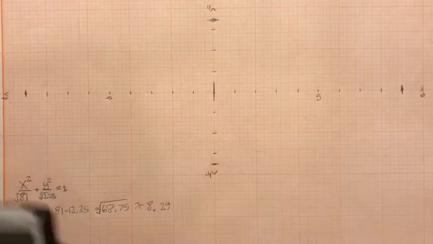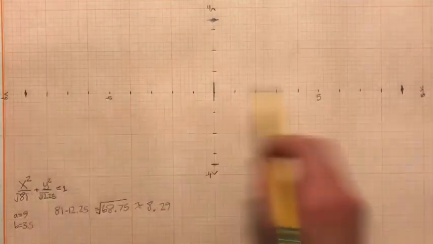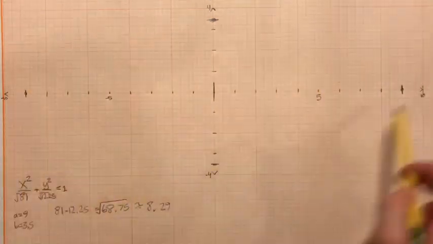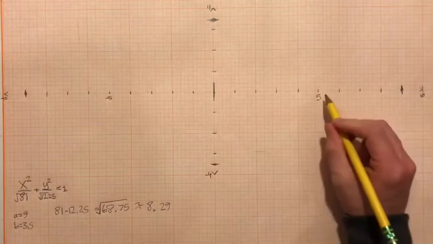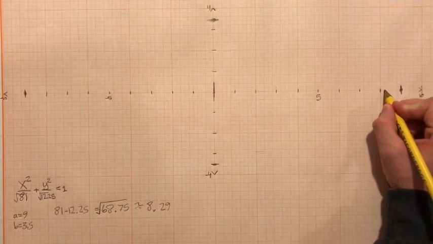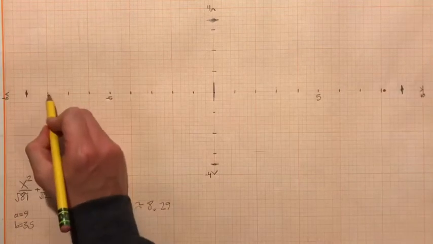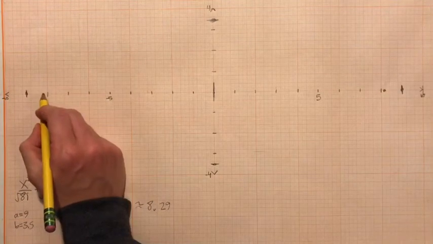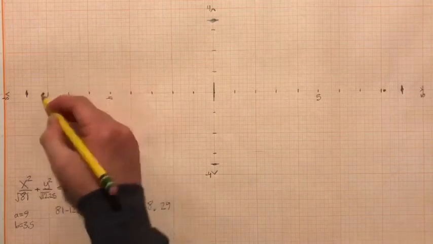So we'll say 8.3. Now we're going to graph them on the x-axis because we know it's a horizontal ellipse. So that's about 8.3, and negative 8.3. Now we have our foci.